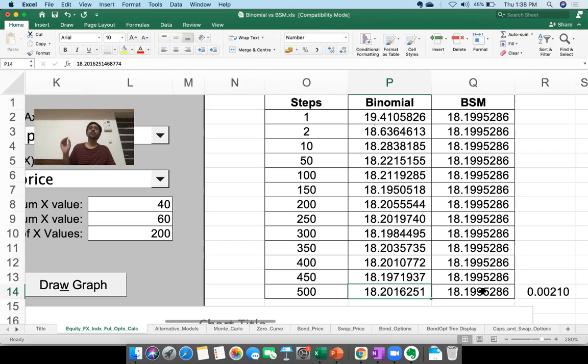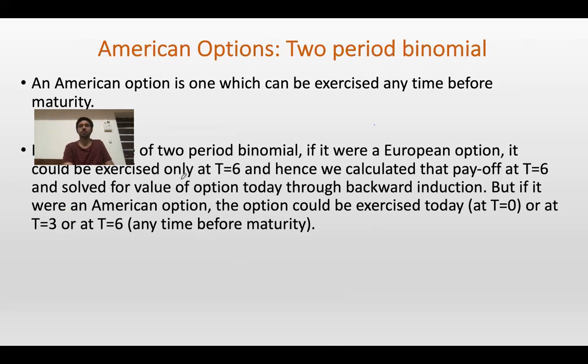We're not going to restrict ourselves by saying that the possible share price at t equal to 6 will be either this or this or this. It's going to be a huge range of outcomes. That is what I basically wanted to show.